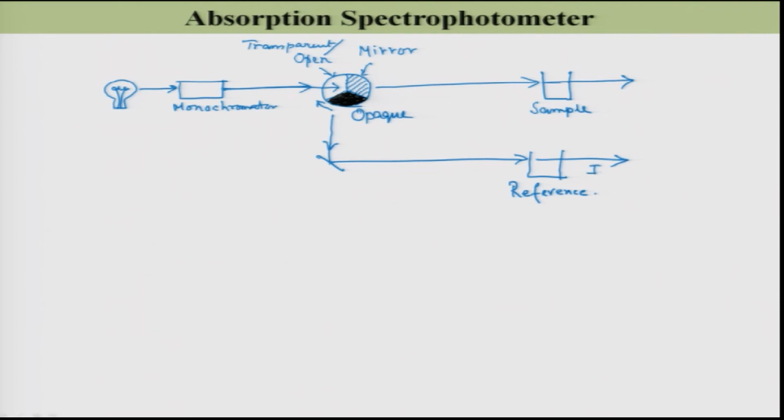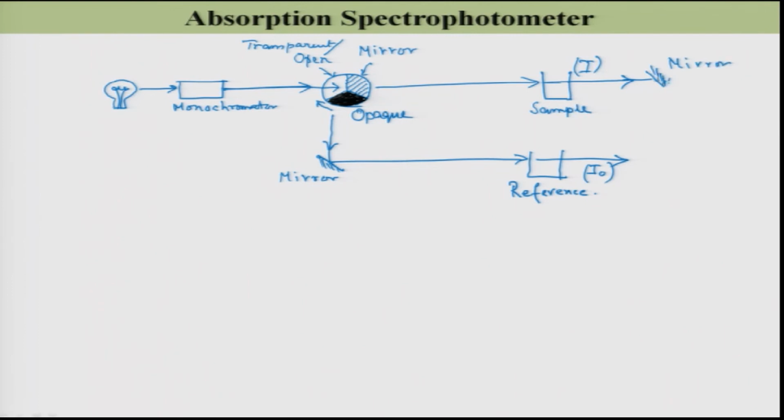So, this is my I 0 and this is my I. Now, I have to combine these two somehow so that I and I 0 are detected within the same detector, because there was a detector problem I mentioned. So, now you use another mirror over here. So, these are the mirrors, this is also a mirror.